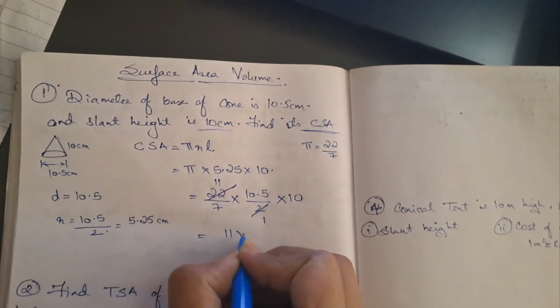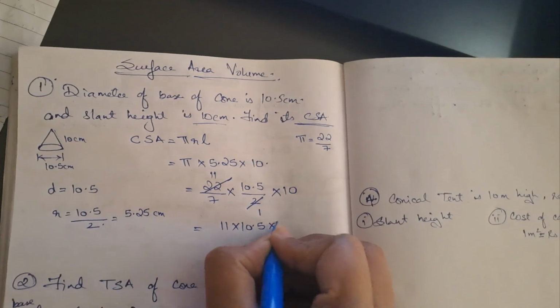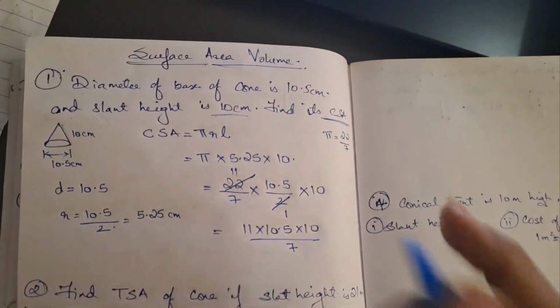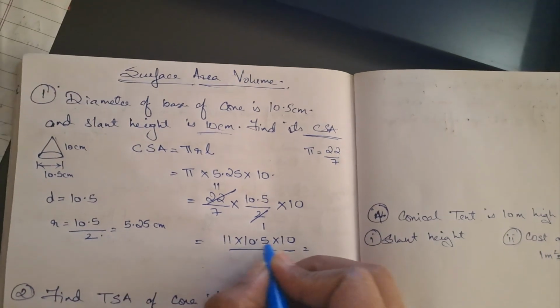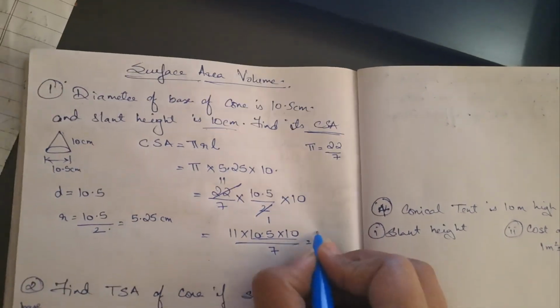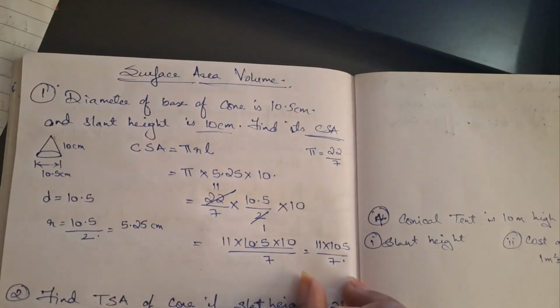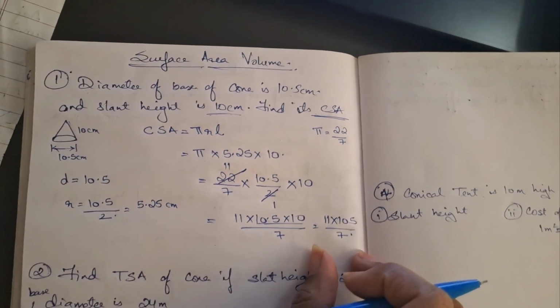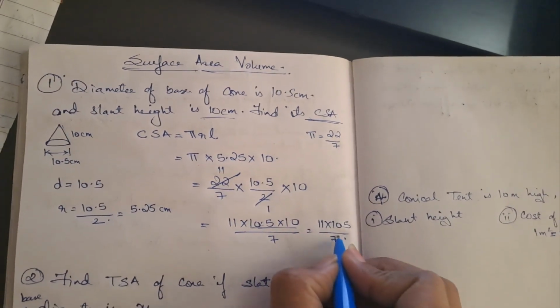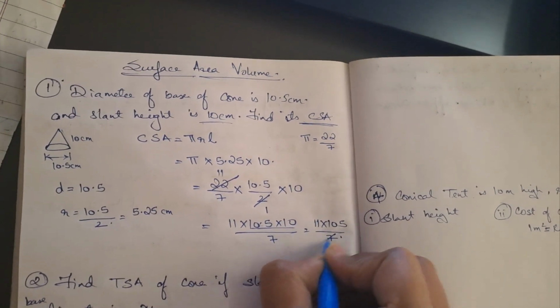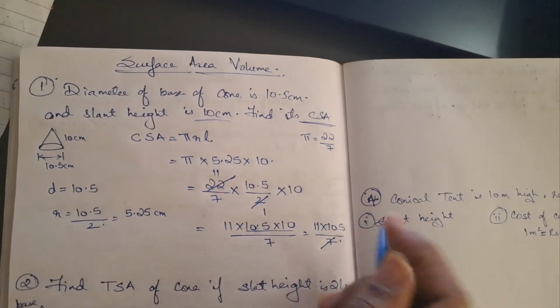Now I'm left with 11 into 10.5 into 10 by 7. These two multiply, it becomes 11 into 105 upon 7. I am not doing the calculations for this. If you want, you can do the calculation, but I would try to simplify as far as I can and leave the answer to you.